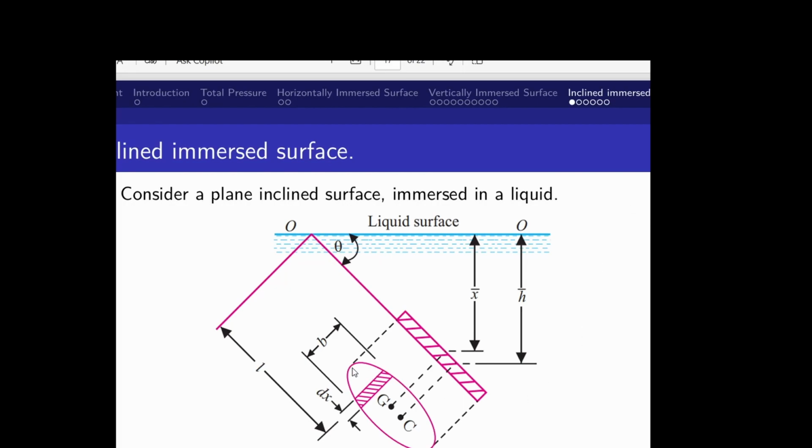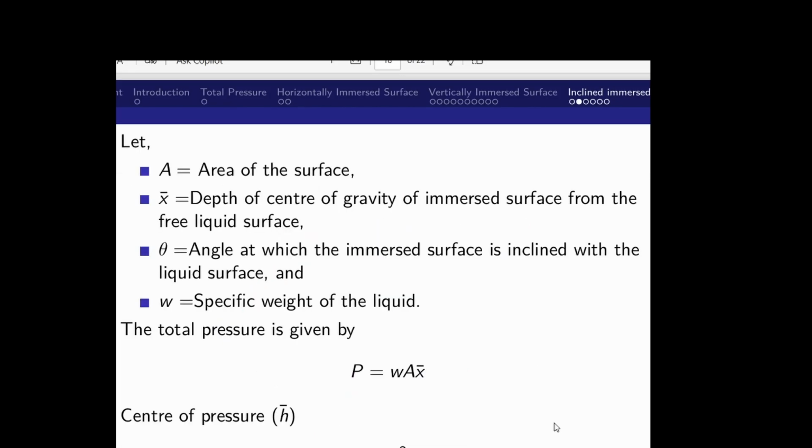As you can see, this object looks like a rugby football, and it is tilted at an angle theta. So how do you find the total pressure being exerted on this object, and also the point at which this pressure is acting, the C?